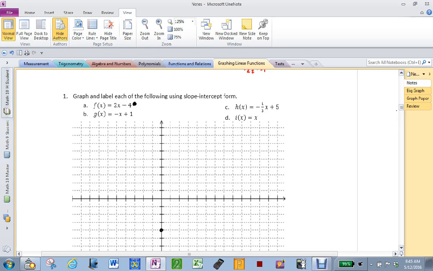Yeah? All right. Now, what do you know about that 2? It's the coefficient, which in this case makes it the slope, right? A slope has one value, but 2 components, doesn't it?